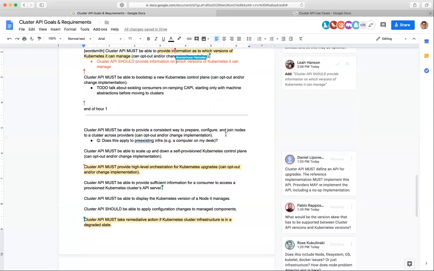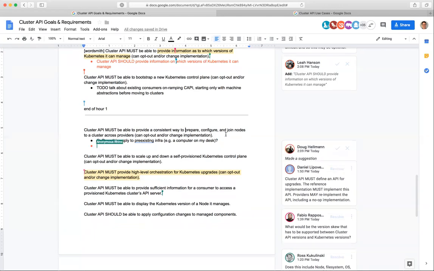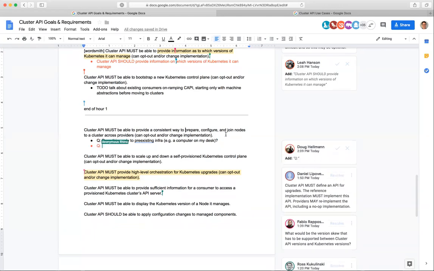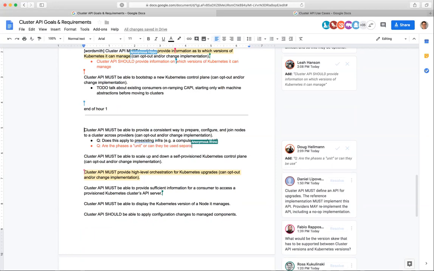But if you're providing the infrastructure in some other way, you can pre-configure that however you want before giving access to it. I would say this is one that definitely needs wordsmithing and clarification.